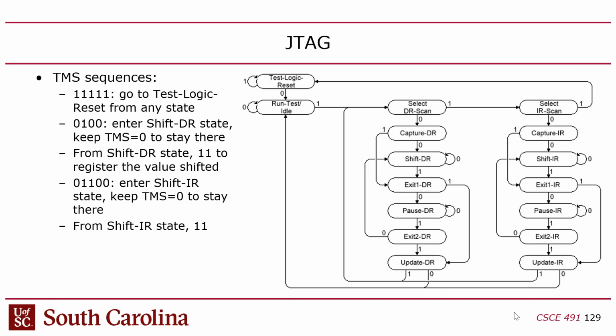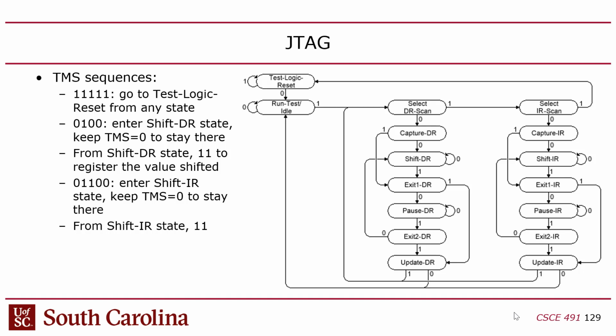Let's say I'm here, right? If I set test mode select to 1 and keep it at 1, I'll go here, then I'll go here, and then back to there. So like if you set test mode select to 1, I think the maximum is 5, right? Is that what I have there?